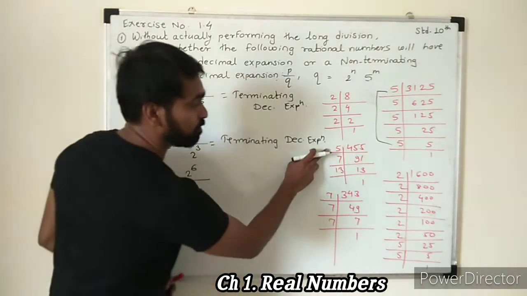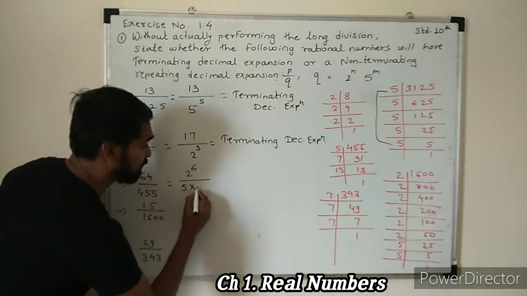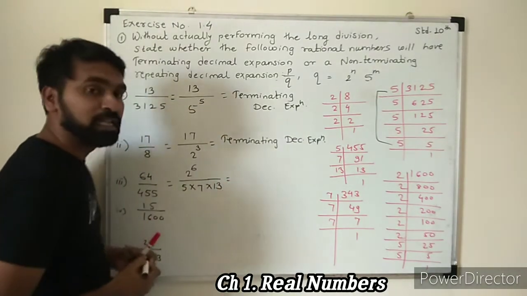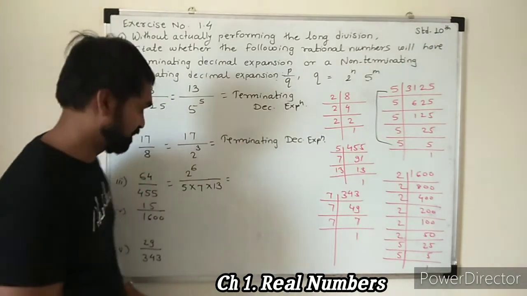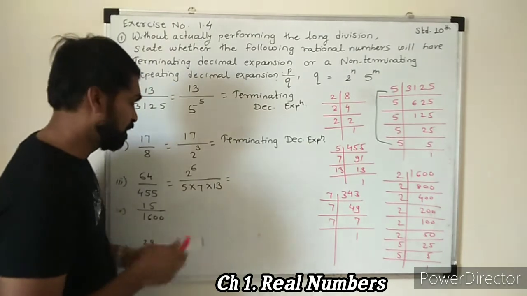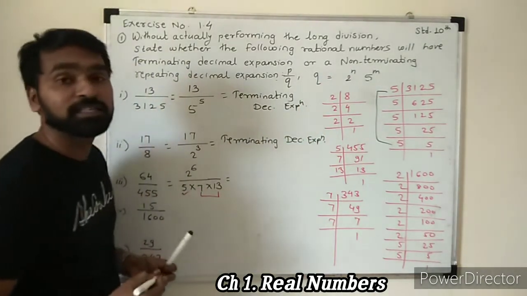See here the factors: 5, 7 and 13. So you write it as 5 multiply 7 multiply 13. See only the denominator. Here the denominator is 5, 7 and 13. 5 is there, but what about the 7 and 13?